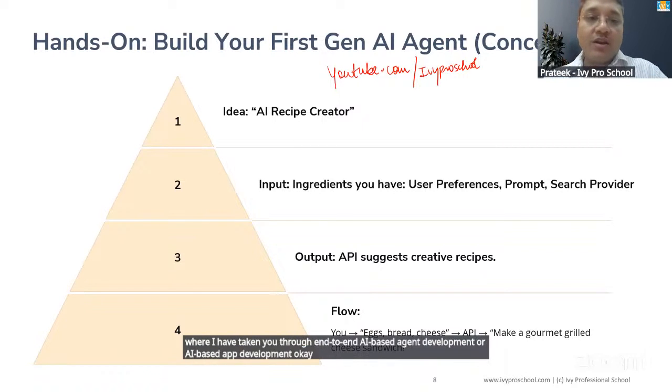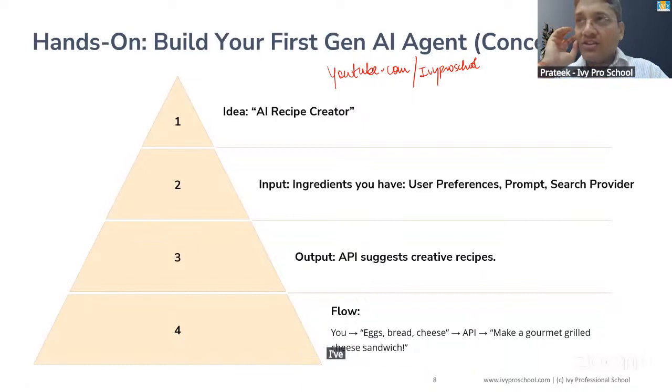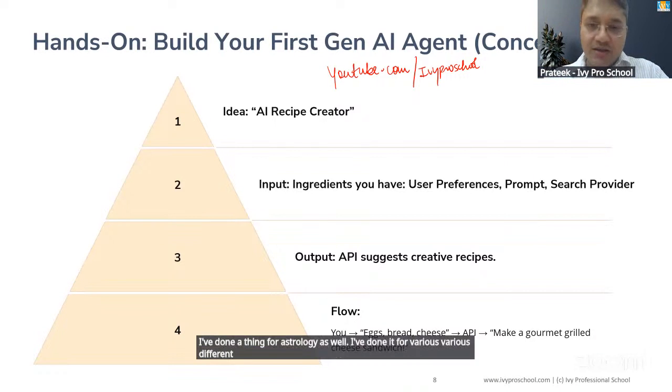You can watch some of the other applications, for example a real estate advisor. I think I've done one for astrology as well. I've done it for various different use cases that you can look for.